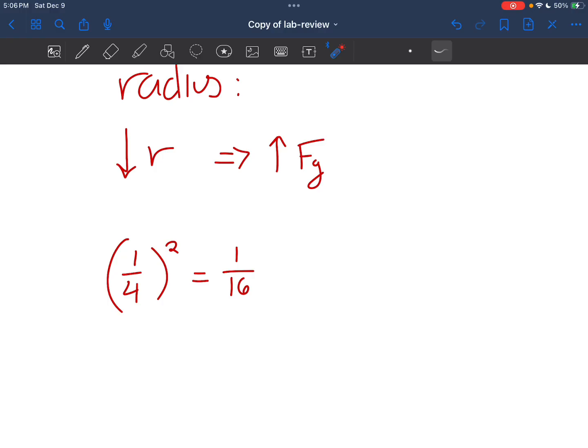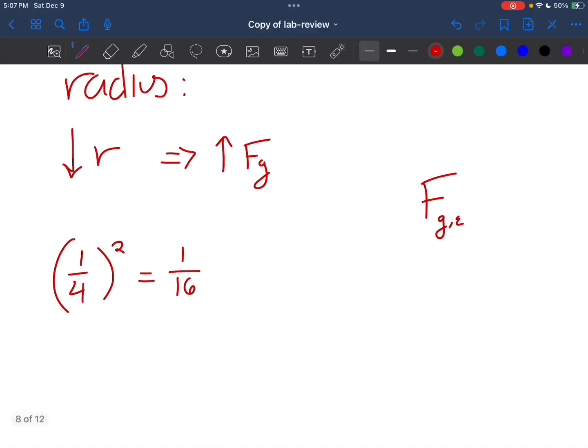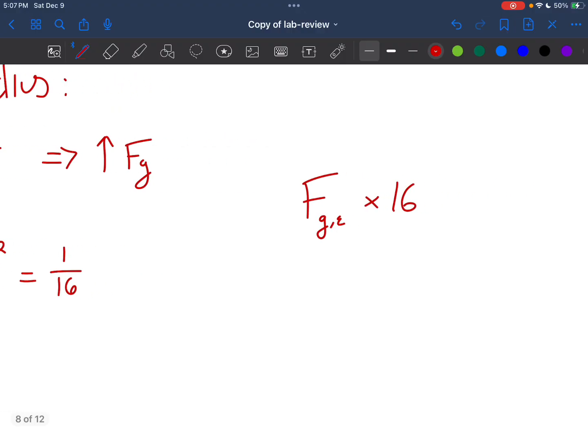But now I still have that problem where I can't just multiply this. I can't say it's just FG times 1/16, right? Because then that's decreasing my force, and we said it should be increasing. So what we're going to do instead is say, all right, well, my force of gravity on the Earth, I'm going to take that, and instead of dividing by 16, I'm going to multiply by 16.